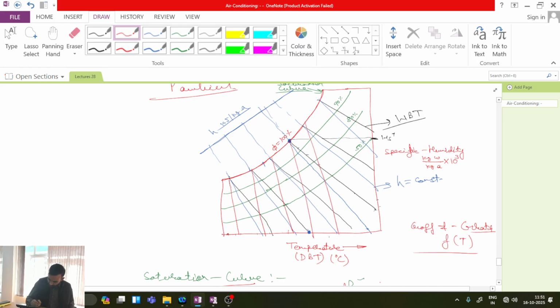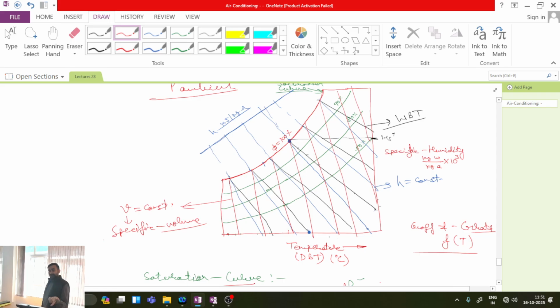With a very steep slope. And what are all these lines? These are constant specific volume lines. So this is the specific volume of the moist air.